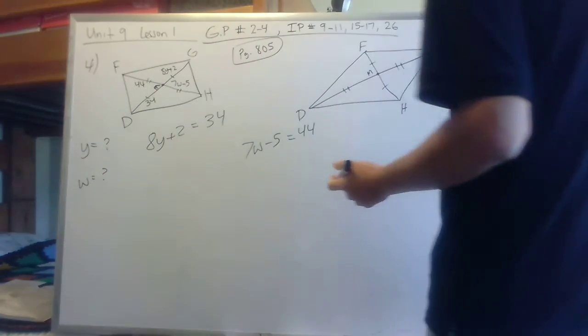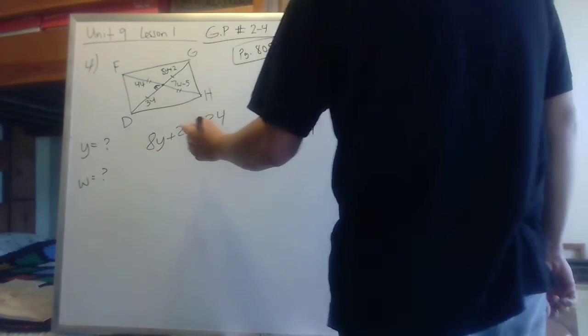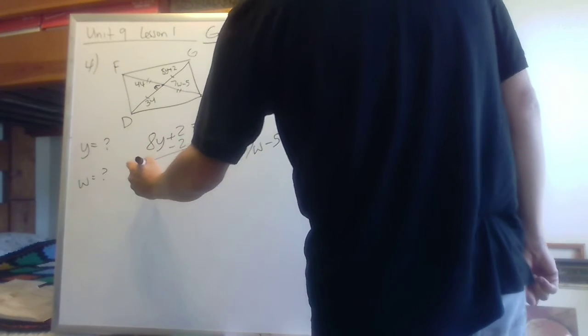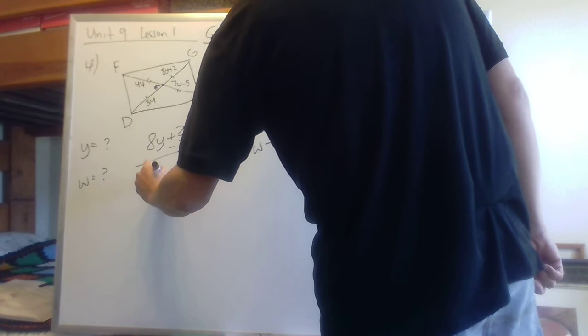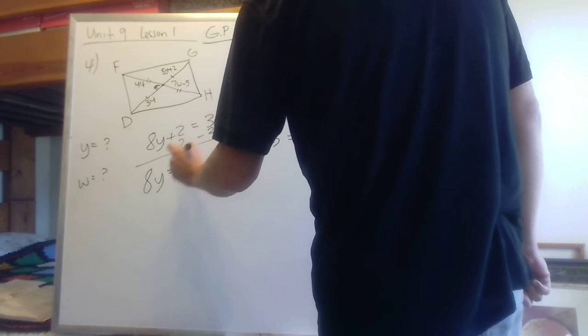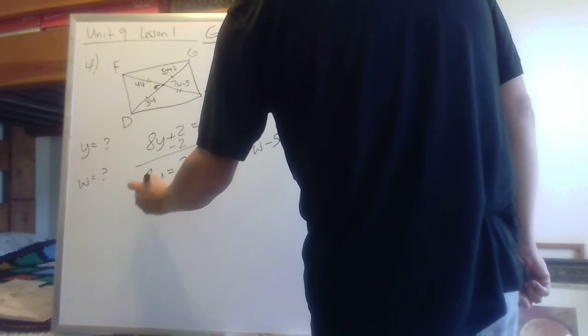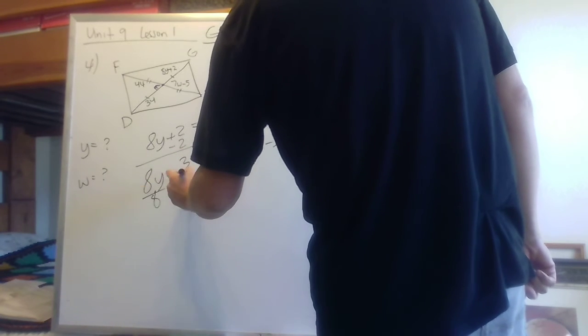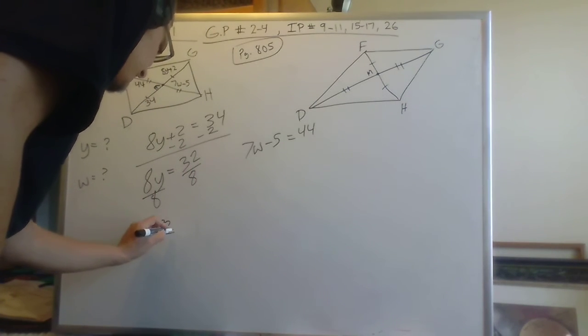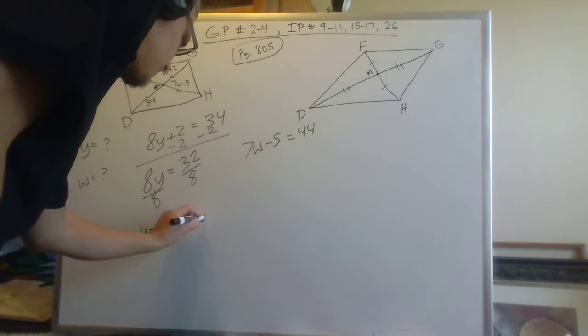And now we're just going to solve for the variables. I'm going to first subtract 2 from both sides of the equation to get y by itself on one side of the equal sign. 34 minus 2 is 32. And lastly, I'm just going to divide both sides by 8. And so I'm going to get y equals 32 divided by 8, which equals 4.